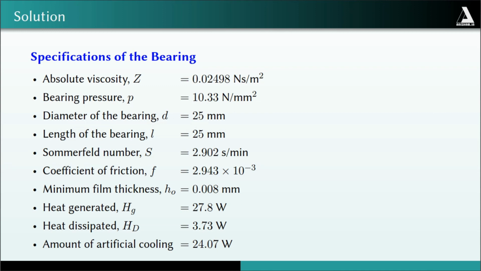Coefficient of friction F is 2.943 into 10 raised to minus 3. Minimum film thickness H0 is 0.008 millimeter. Heat generated Hg is 27.8 watts. Heat dissipated HD is 3.73 watts. Amount of artificial cooling required is 24.07 watts. And that's all.